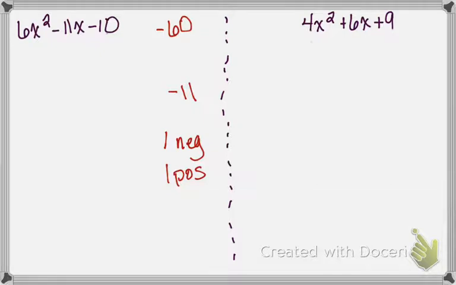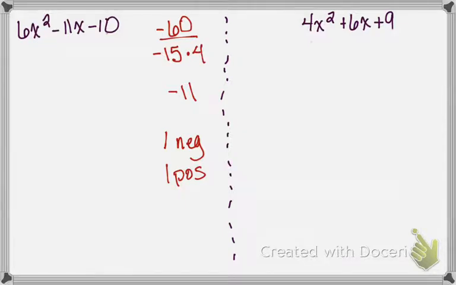What are my two numbers? Good. Which one's positive and which one's negative? Good. So we've got a negative 15 and a positive 4.